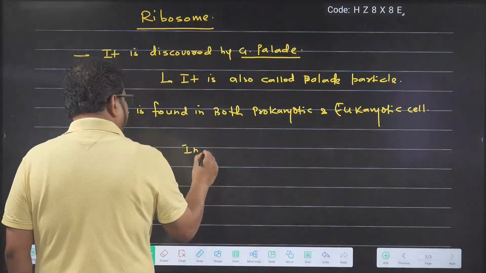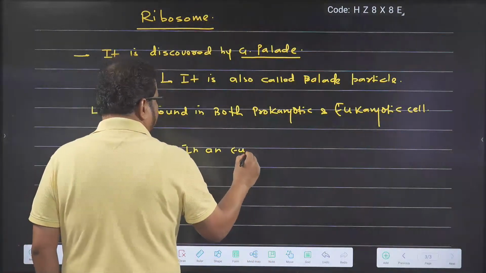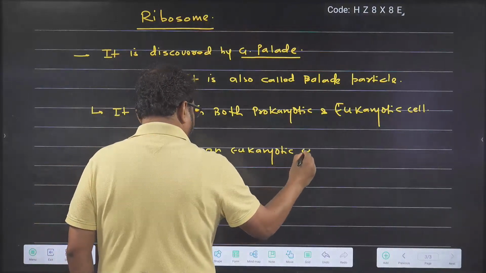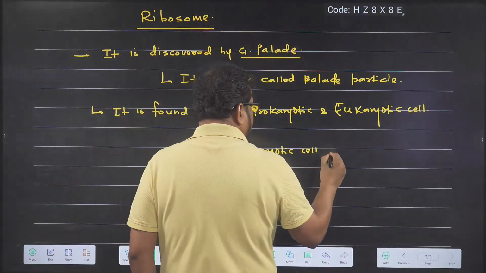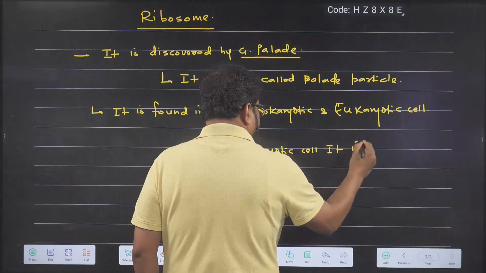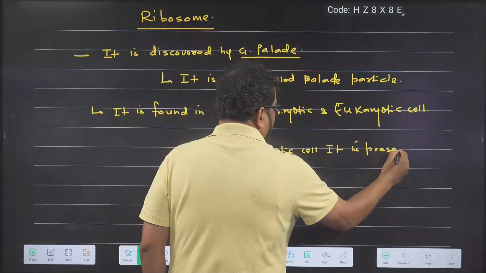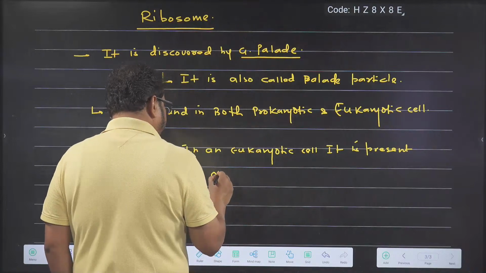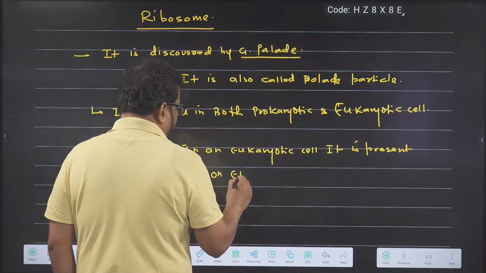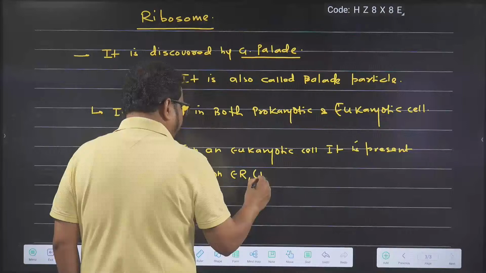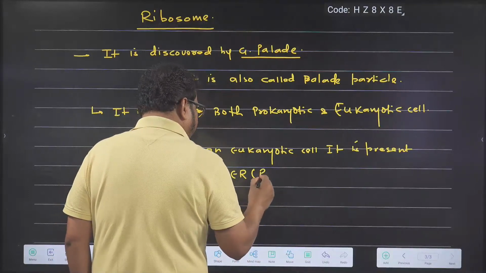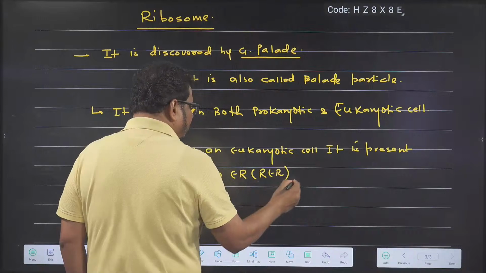In a eukaryotic cell, it is present on the endoplasmic reticulum, that is RER, due to ribosomes.